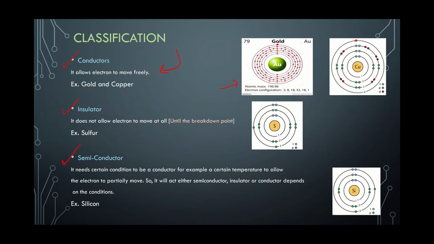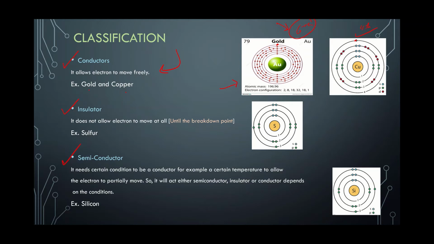Because the electron here is placed in the 6th shell, while here it is in the 4th shell. So the amount of energy needed to kick the electron out of its shell is way less than for this one, so the gold will be a better conductor.